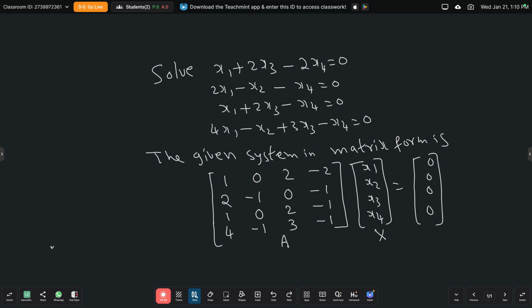For this, we consider the coefficient matrix A and find its rank. You know, to find the rank of a matrix, the easy method is by converting the matrix into echelon form and finding its rank.